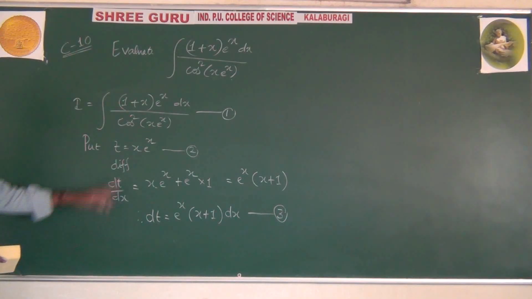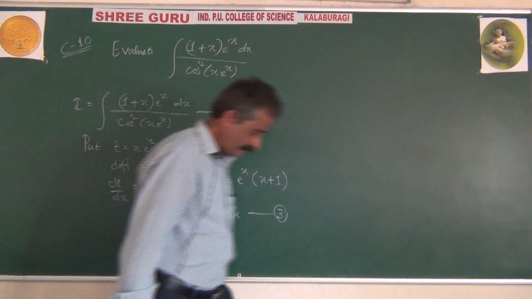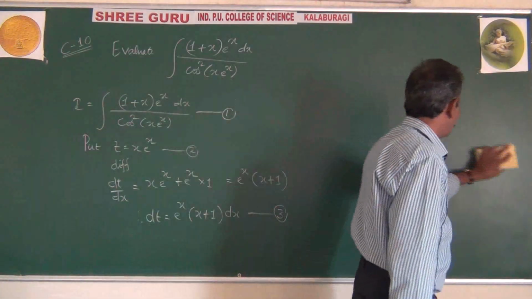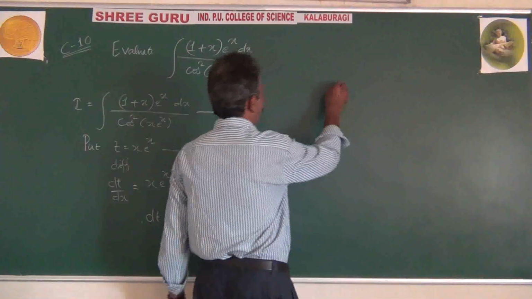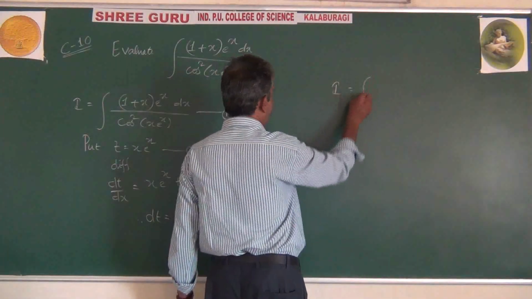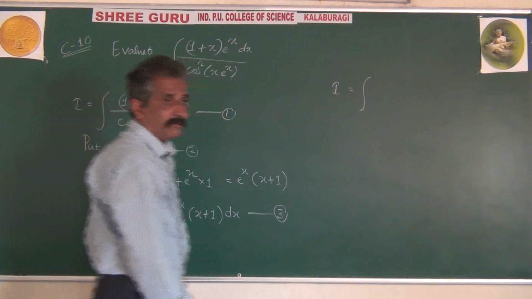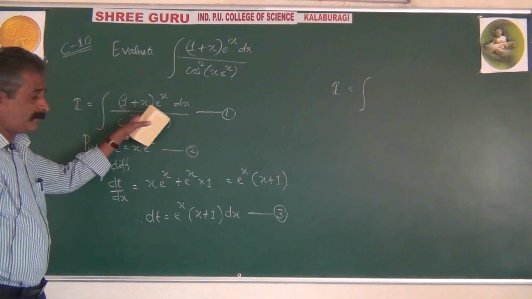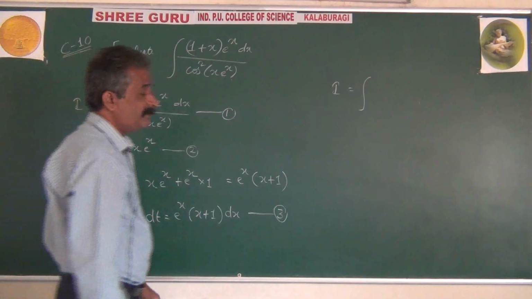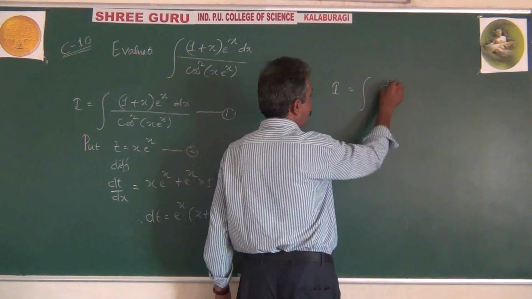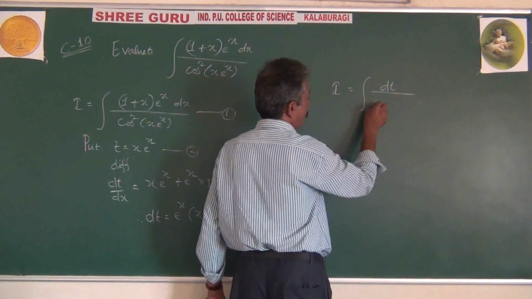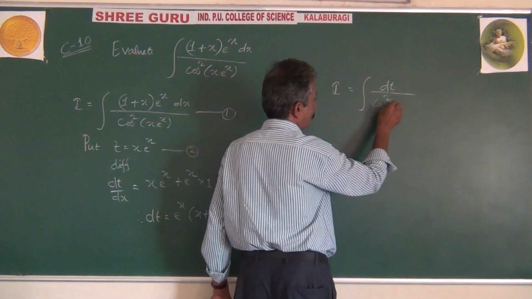Now write from 2 and 3 using it in 1. I equal to the integration. For (x plus 1) e power x dx, what can we write? Dt divided by cos square of t.